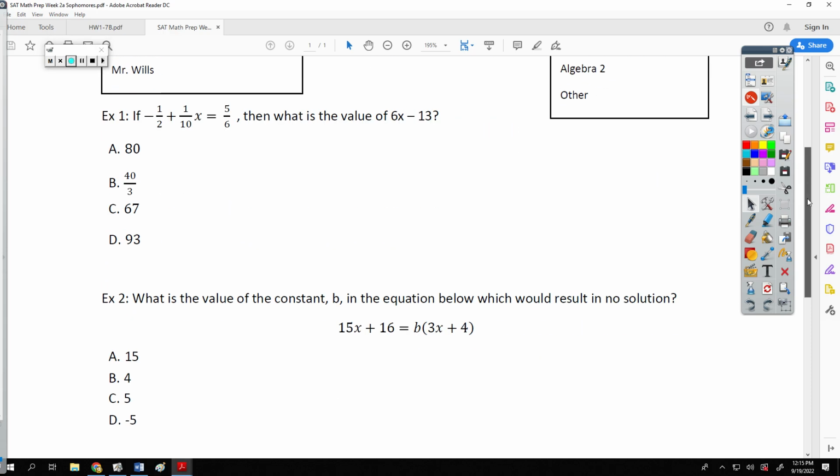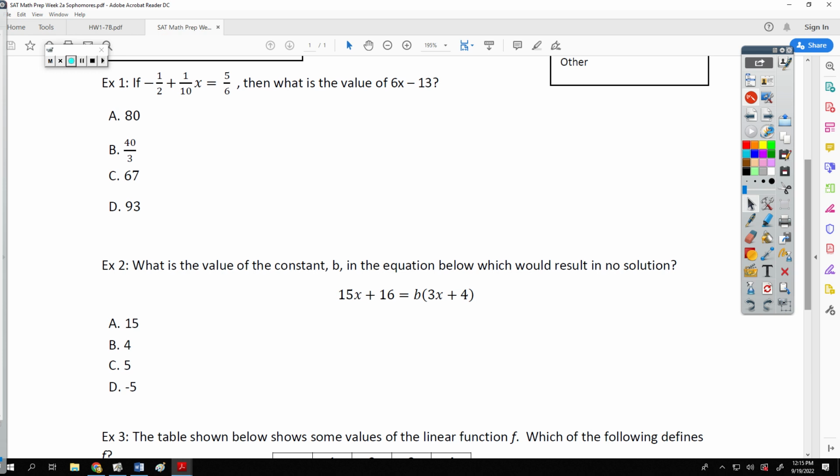So our first example here is similar to one that we did last week. The most difficult thing that we did last week, which is we have a fraction, or several fractions in this case, within our equation. So our first step to solving this equation would be to multiply all of the terms by the common denominator.